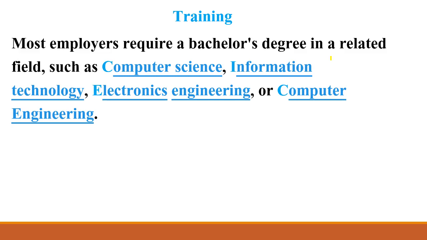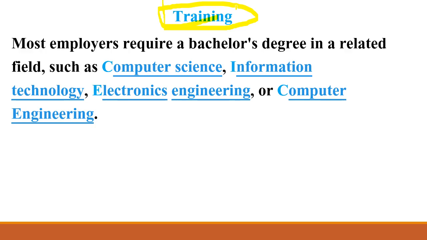And guys, now training. What do you mean by training here? If you want to be an IT professional, if you want to do anything, you should have training. You should be a trained guy, and then only can you learn how to use it. Most employers require a bachelor degree.